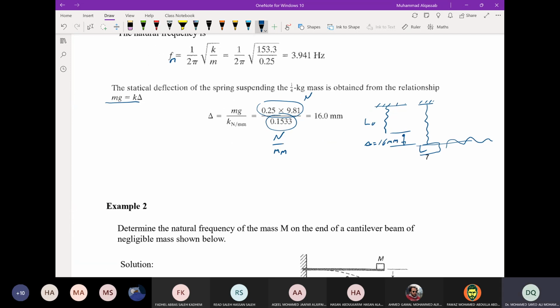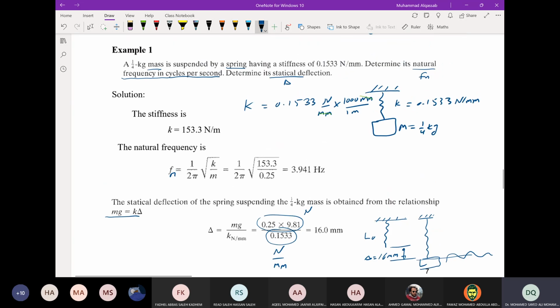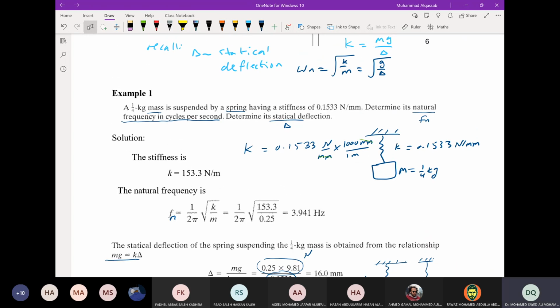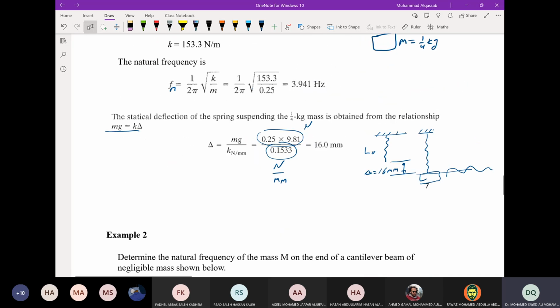Now, these are the only two things required. There is no question about the amplitude here. The amplitude can be found if there are initial conditions, and there are no initial conditions given. So this is just asking for the natural frequency and delta.